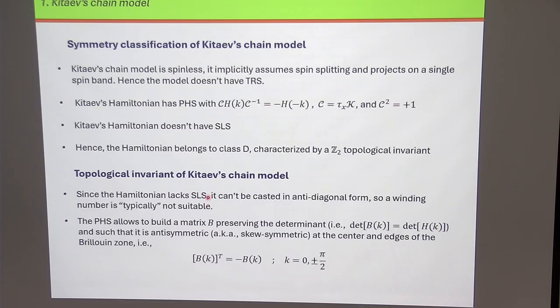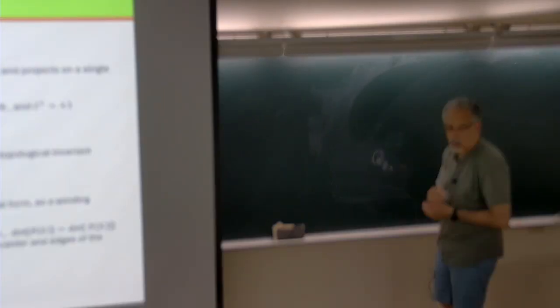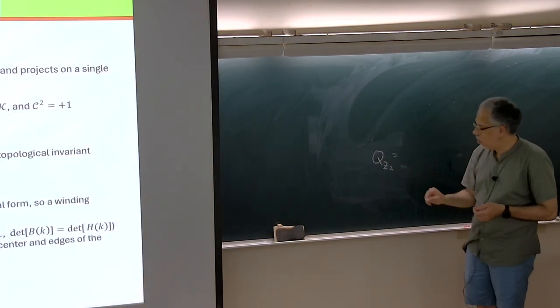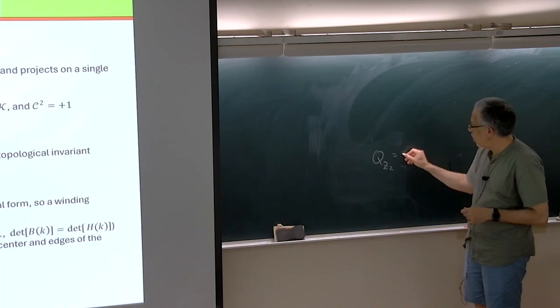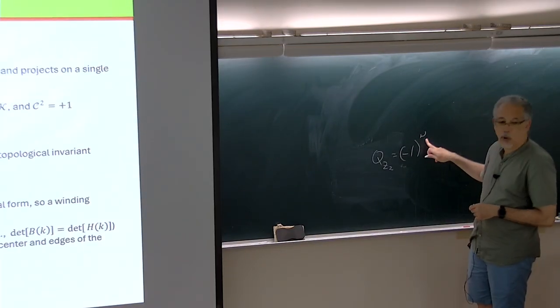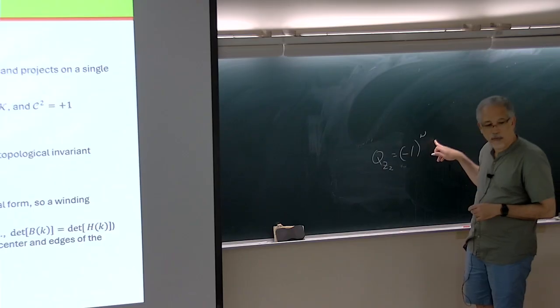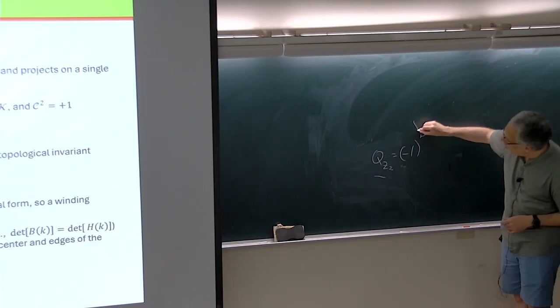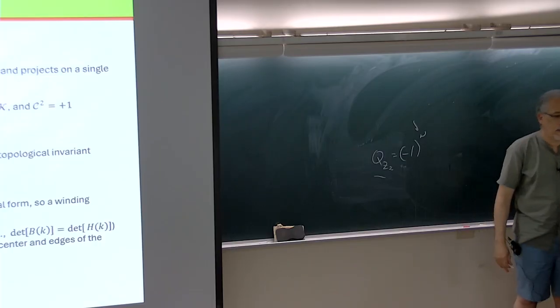So I will call it Q_Z2. This is the topological invariant for the Z2 for this D class, and it's related in that way to this, the winding number. So they are related from the D class to this BDI class.